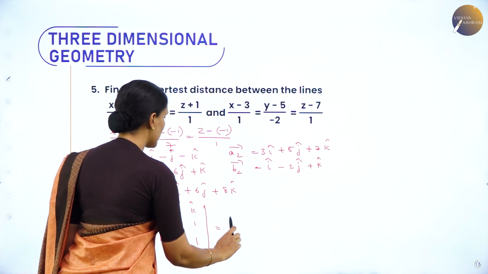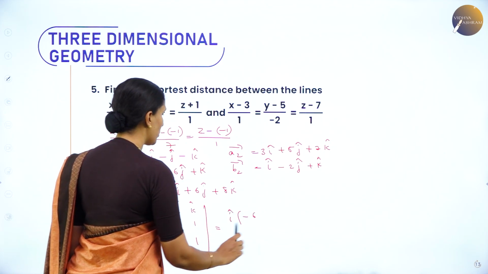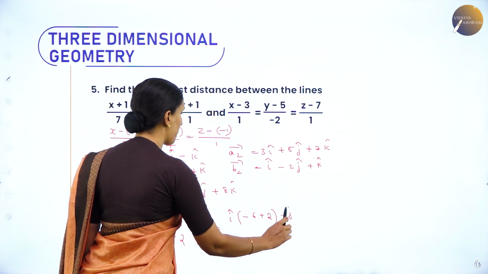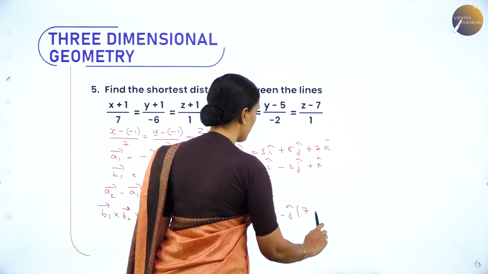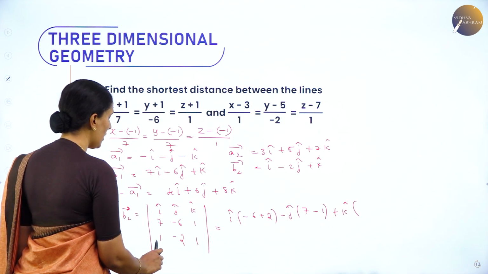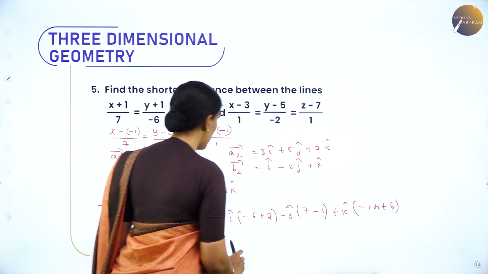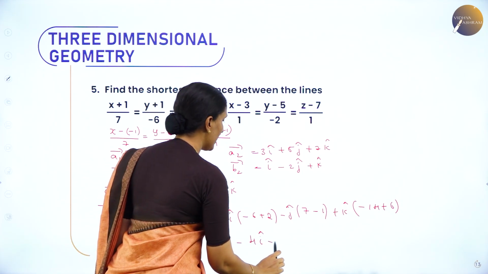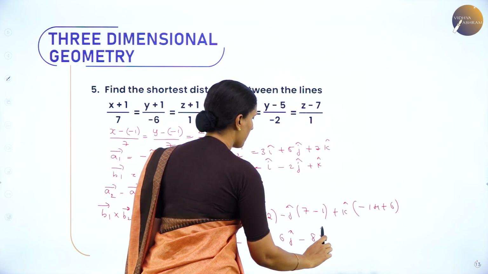We have i into (minus 6 into 1, minus of minus 2 into 1, which becomes minus 6 plus 2), then minus j into (7 into 1 is 7, minus 1), plus k into (minus 14 plus 6). So we will get the value as minus 4i, minus 6j, and minus 8k.